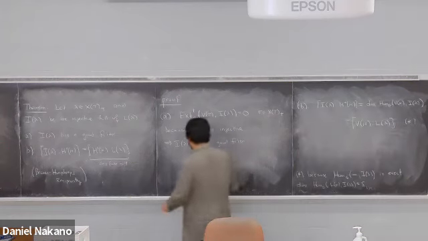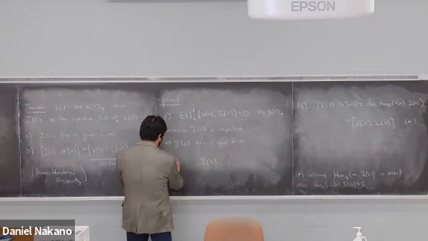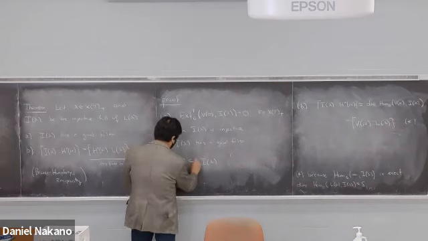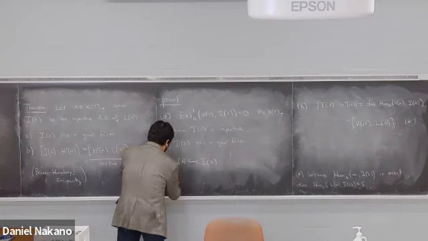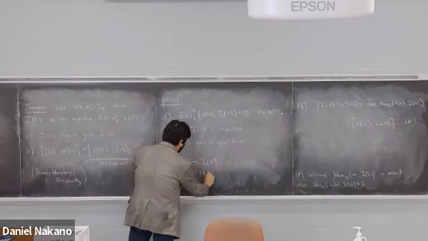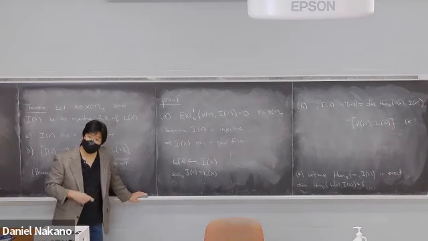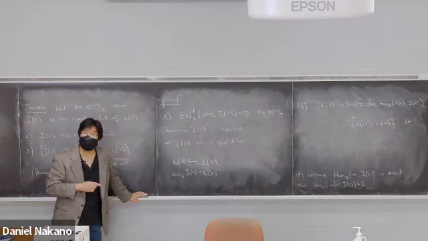We know this goes in, and the socle, because it's the injective hull, is precisely L lambda. So L mu cannot embed inside of I lambda if mu is not equal to lambda.